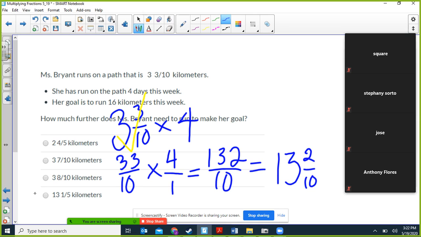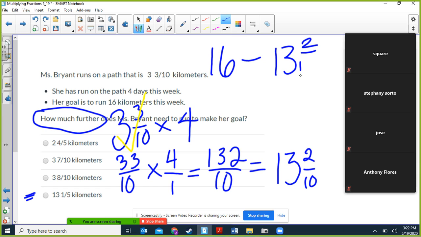And you do see right here an equivalent answer. But the question is how much further do they have? So you would need to see what is 16 kilometers minus what they already ran of 13 and 2/10. Rather than having to find a common denominator and so on, you could just count onwards.